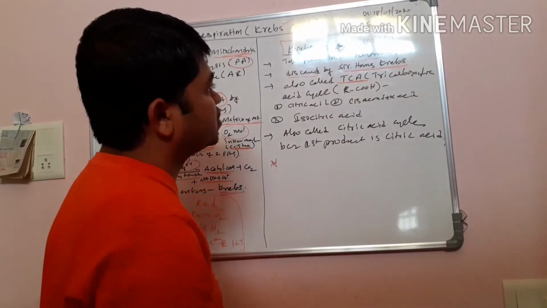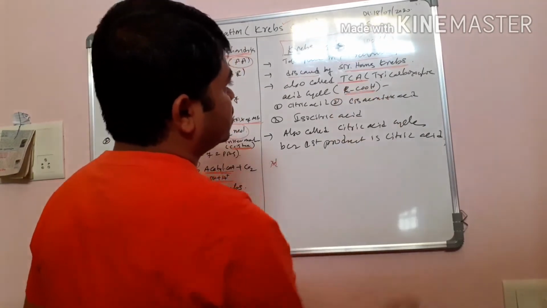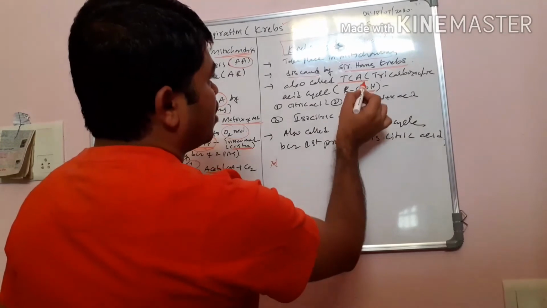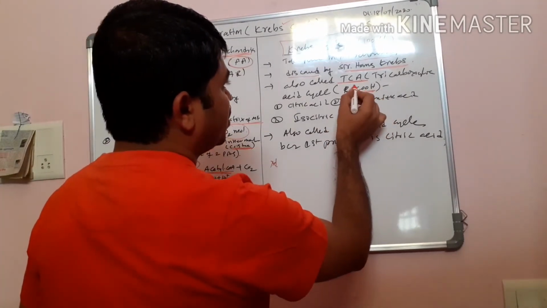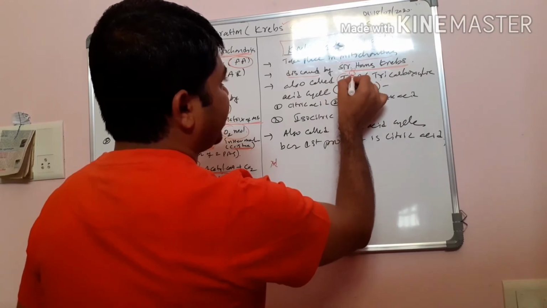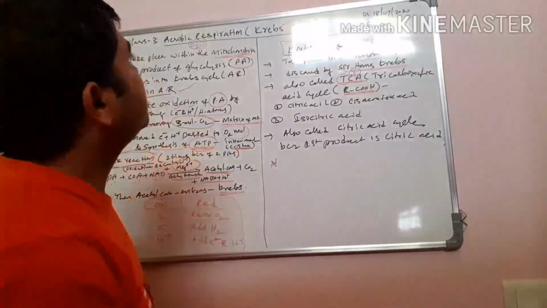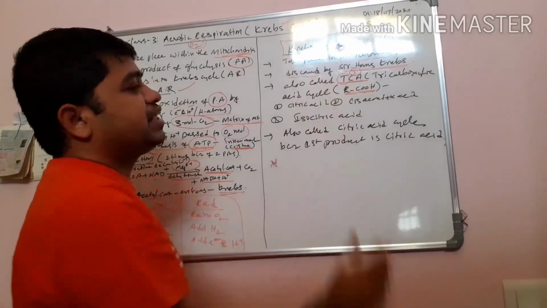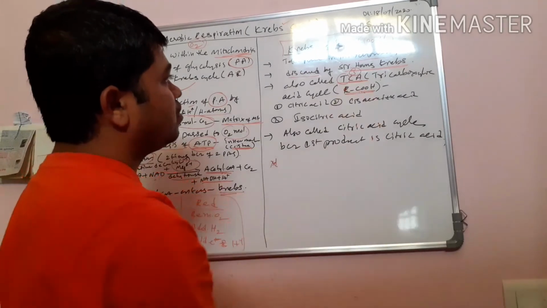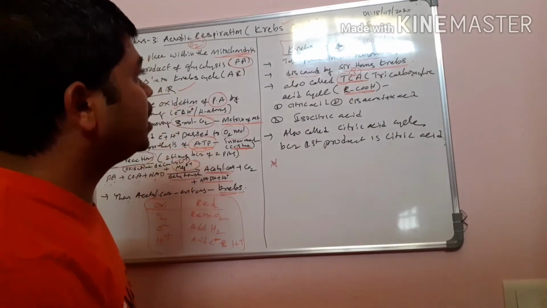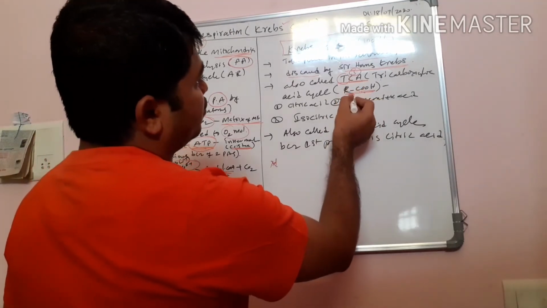Krebs cycle is also called the TCA, tricarboxylic acid cycle. Carboxylic acid group means like this, RCOOH. This is commonly called what? Carboxylic acid group. Tri means what? 3. If you observe the equations of Krebs cycle, there will be 3 carboxylic acid groups. Where do we find this group?